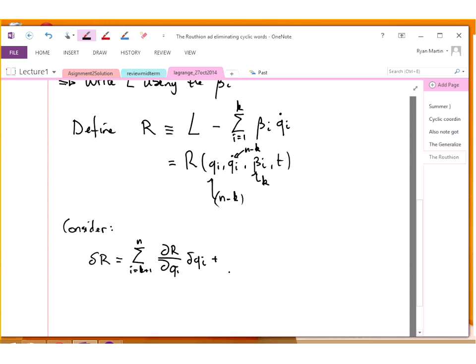Similarly, plus the sum from i equals k plus 1 to n of ∂R/∂qi dot δqi dot, plus the sum from i equals 1 to k of ∂R/∂beta i δbeta i, and then plus ∂R/∂t.